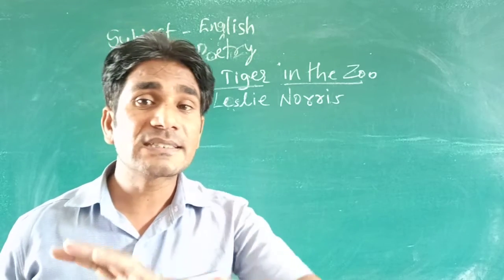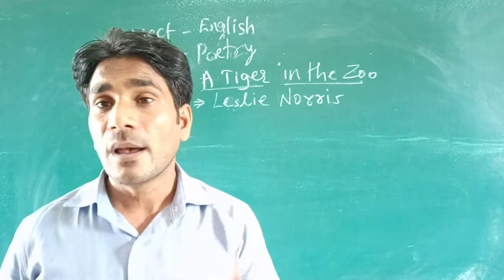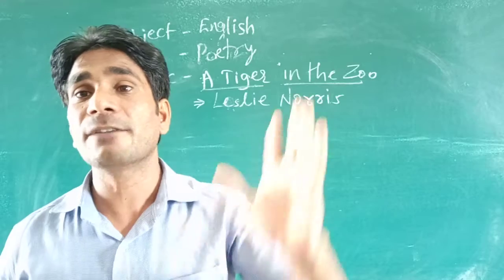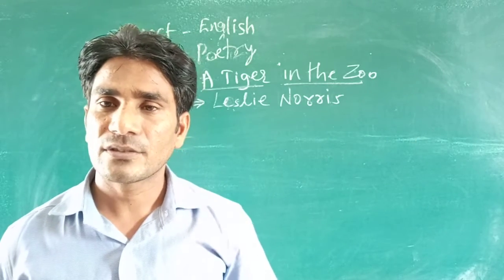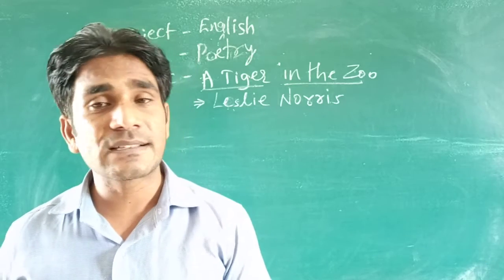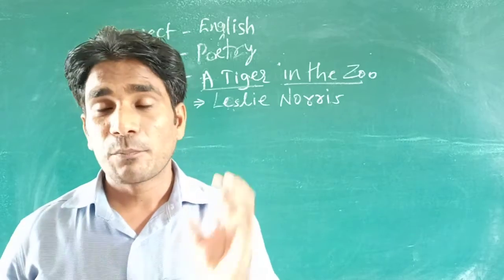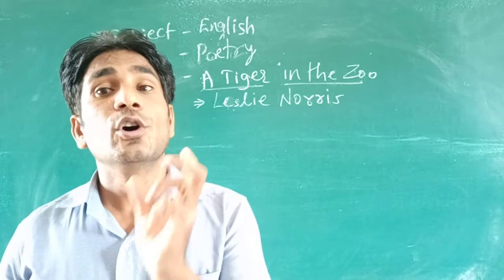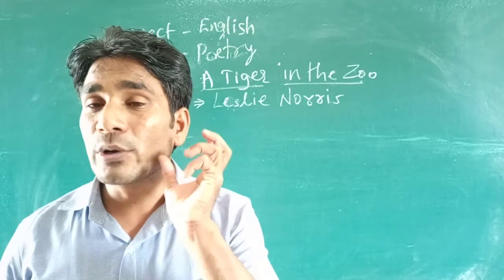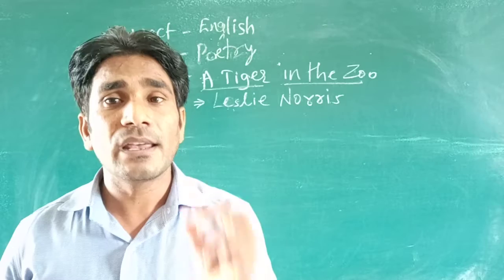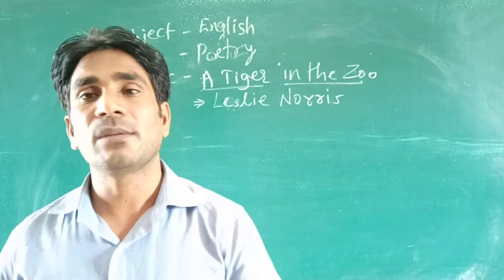Besides, the poet has made a comparison between the life of the tiger in the zoo and the tiger in the jungle. So here indirectly we can say that the poet appeals to people not to cage any animal in the zoo, not to lock any animal.